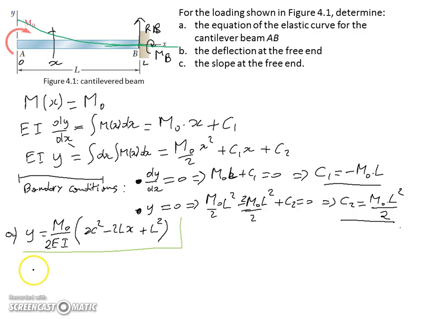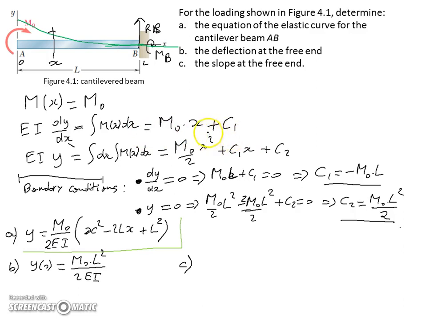Now, the deflection of the free end is at x equals 0, so at B, y of 0. We can just replace x equals 0, and we end up with simply M0 L squared divided by 2EI. And at B, the slope at the free end, we also need to use the equation that we had before.